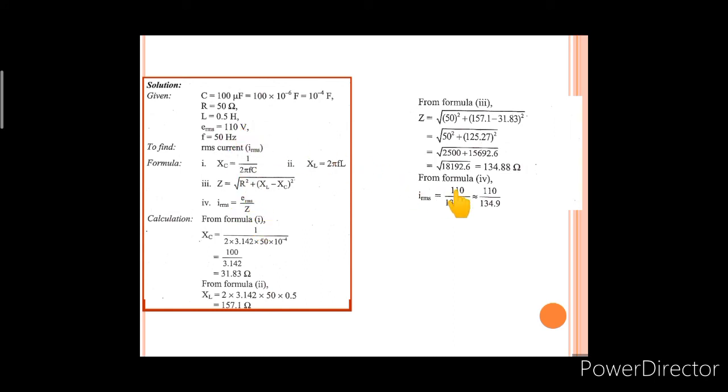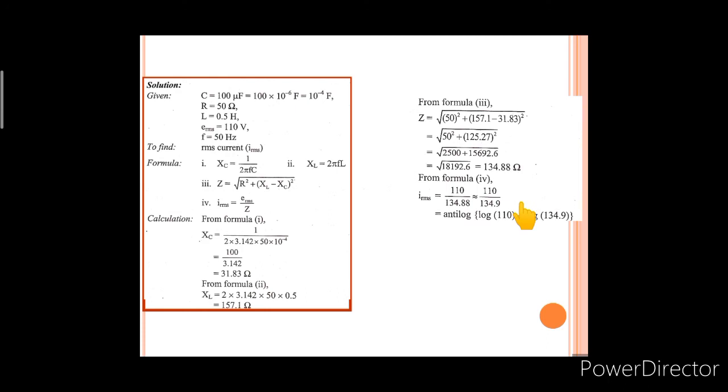ERMS is given as 110, so we substitute here, and the value of Z we calculated, which is 134.88, we put here, and the ratio 110 upon 134.88 we can write as 110 upon 134.9.